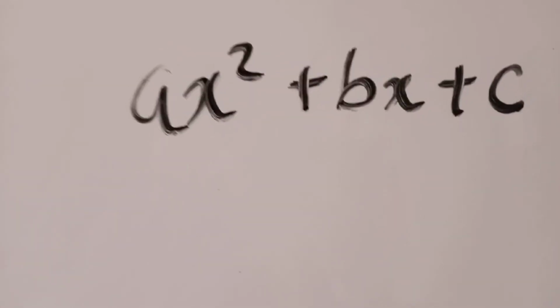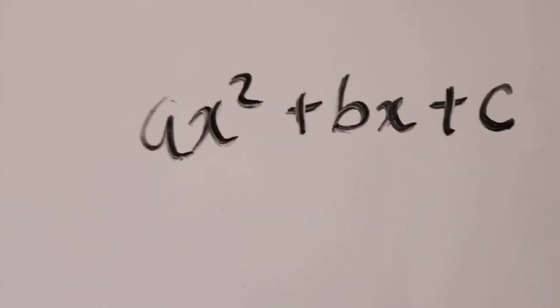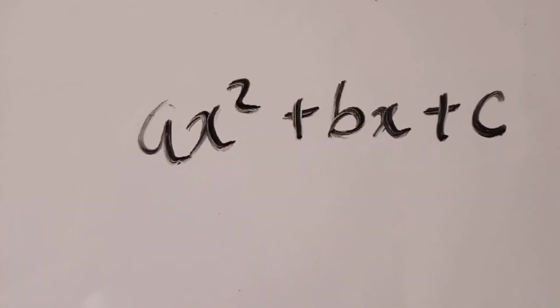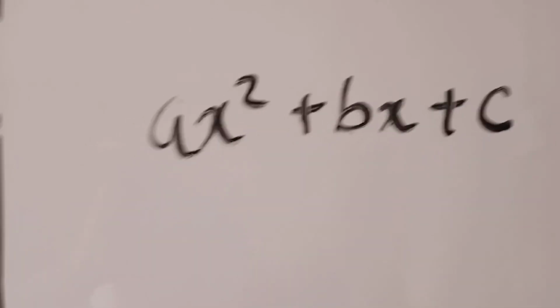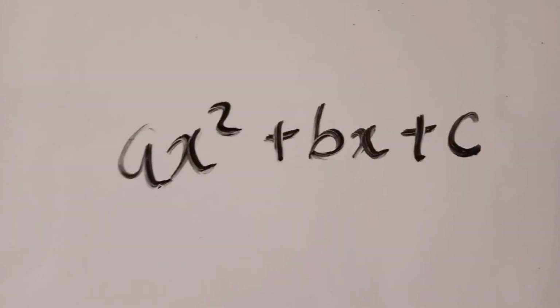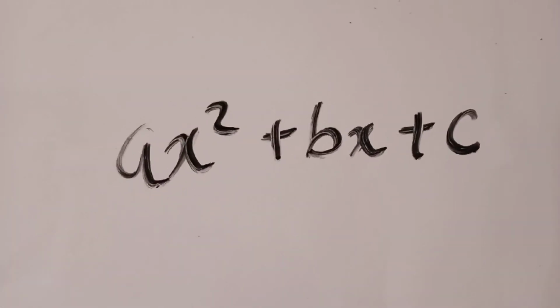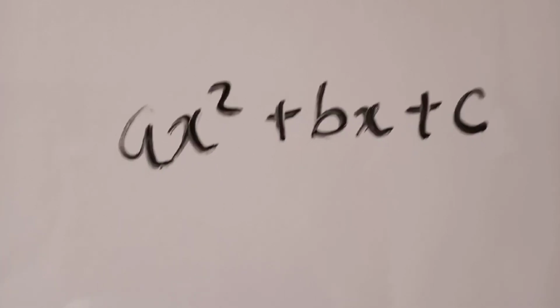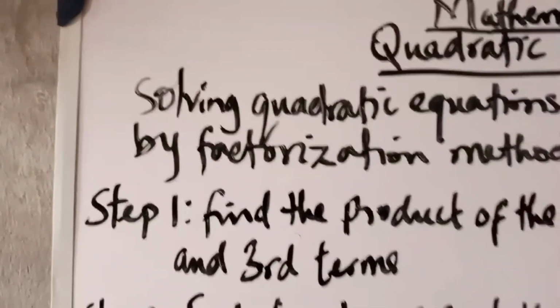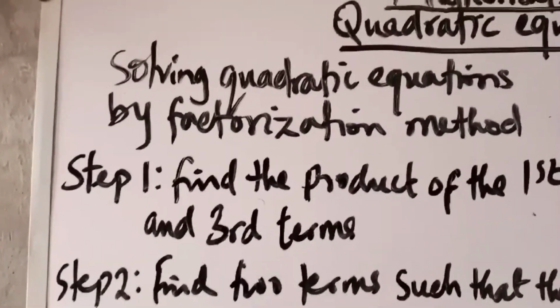Any equation that is of this form is said to be quadratic, a polynomial of degree 2, and there are different approaches to solving it. But the approach that we are considering today in this class is solving quadratic equation using factorization method.